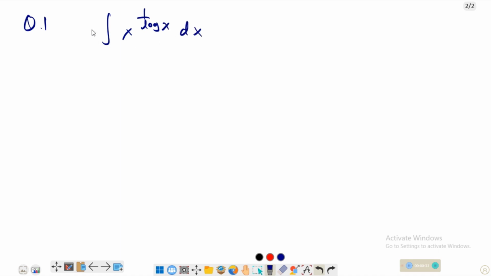Okay. So how to approach this question? Since log e is equal to 1, here I can use this property. So this is x to the power log e upon log x dx.